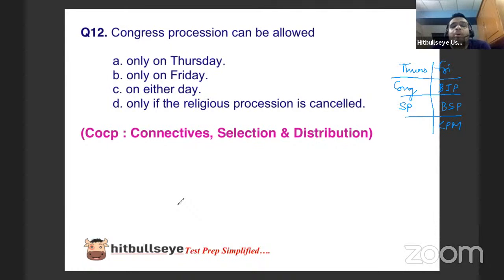So again, we can see it from our table that A, only on Thursday we can have our procession for Congress, and it is not possible for Friday, right? So A, first option is the right answer. Clear, everyone? Shall we proceed? Everybody, ladies and gentlemen, please confirm.